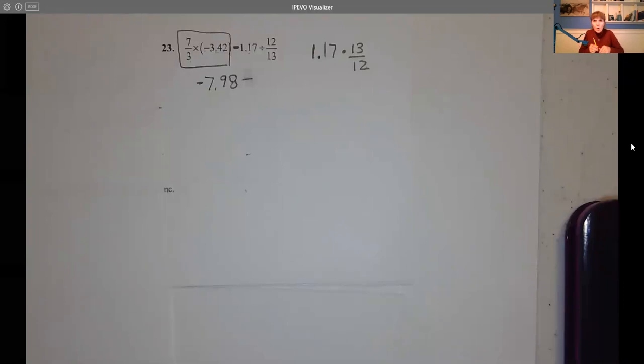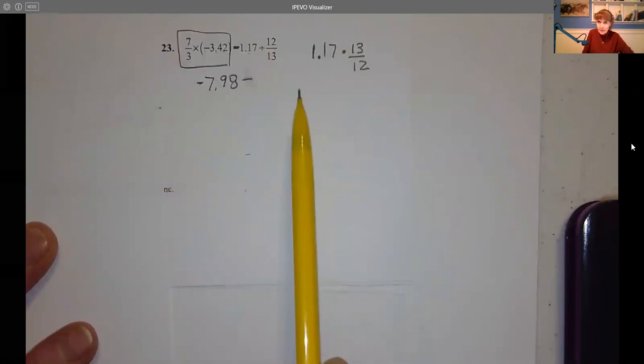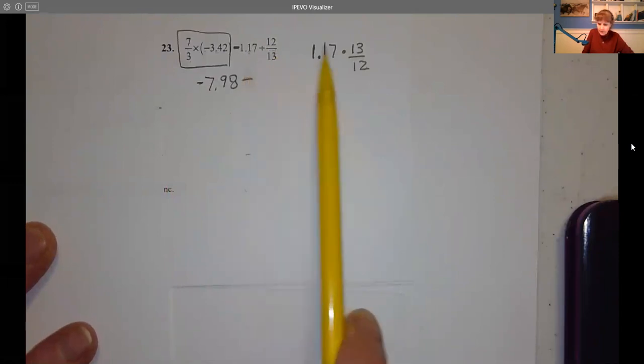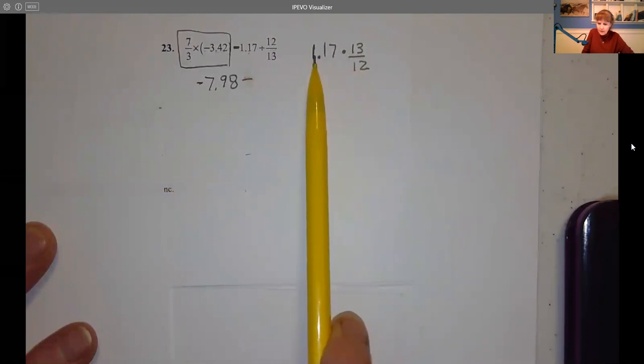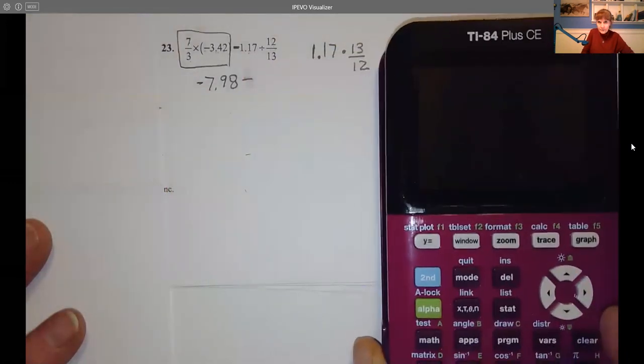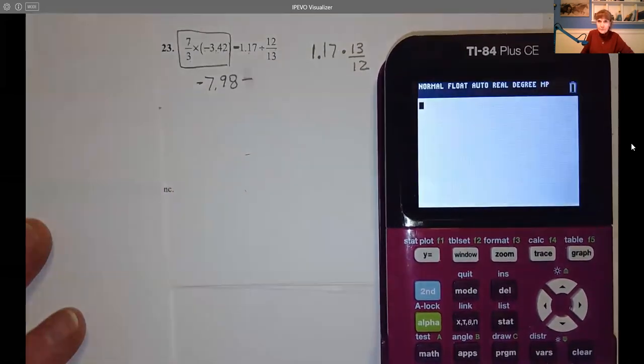All right, so what I want to caution you on is how to do this so that you don't get the wrong answer on your calculator. So one way is to do the copy dot flip, and then here you could take this 1.17 times 13. So let's do that. I think you could probably see it. So 1.17 times 13 divided by 12.